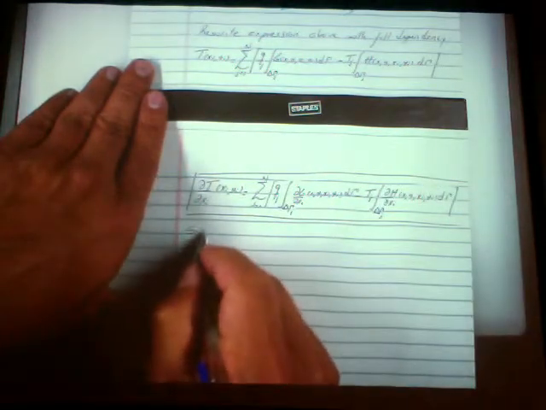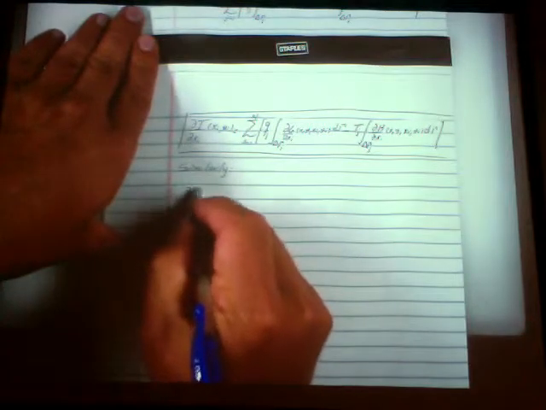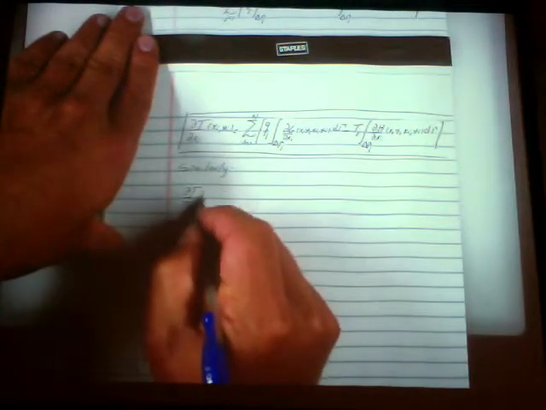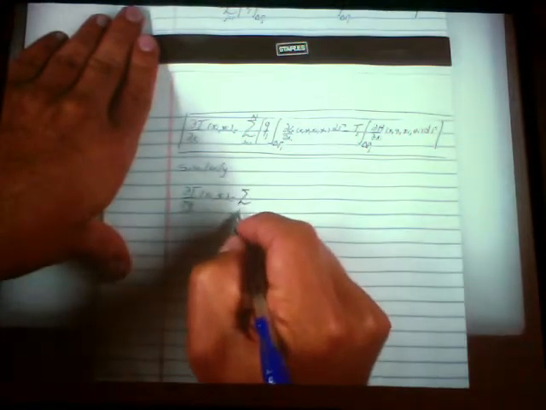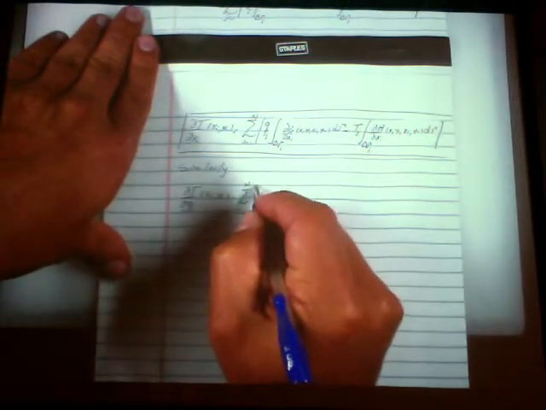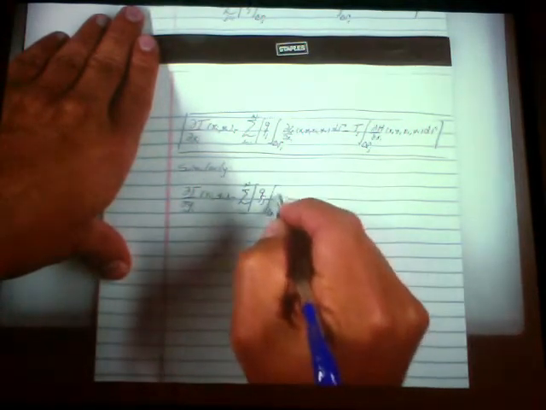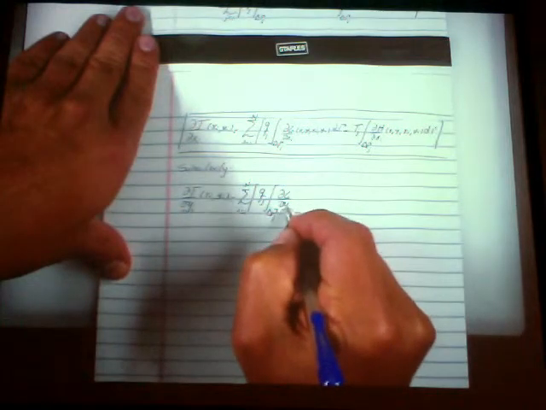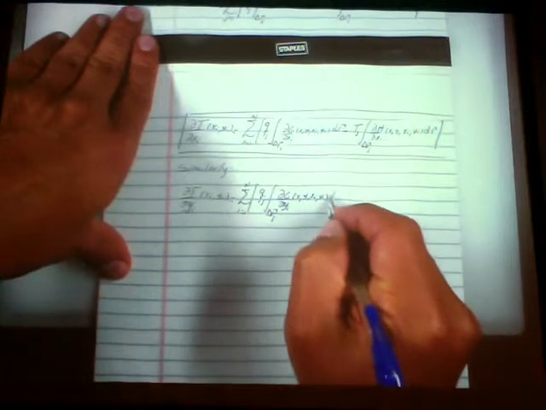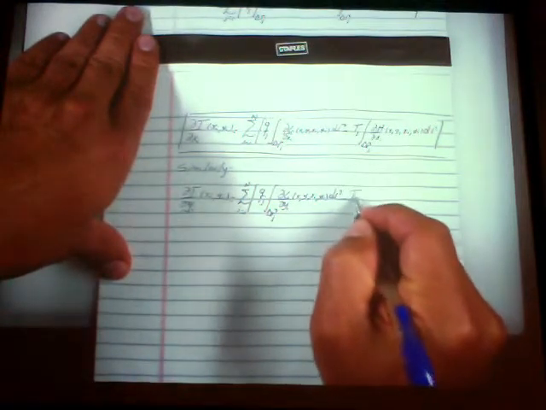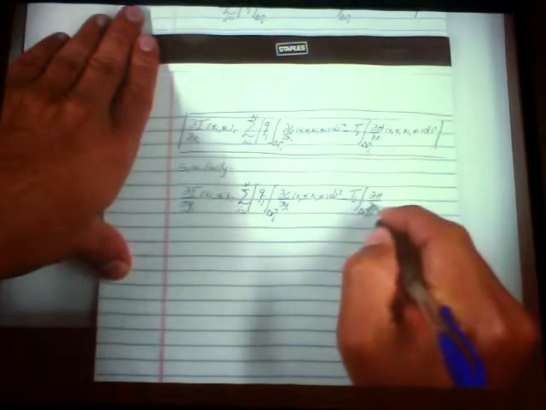And similarly, dt dyi at xi, yi is equal to the summation from j equal 1 to n of qj times the integral of dg dyi (x, y, xi, yi), minus tj times the integral of dh dyi.